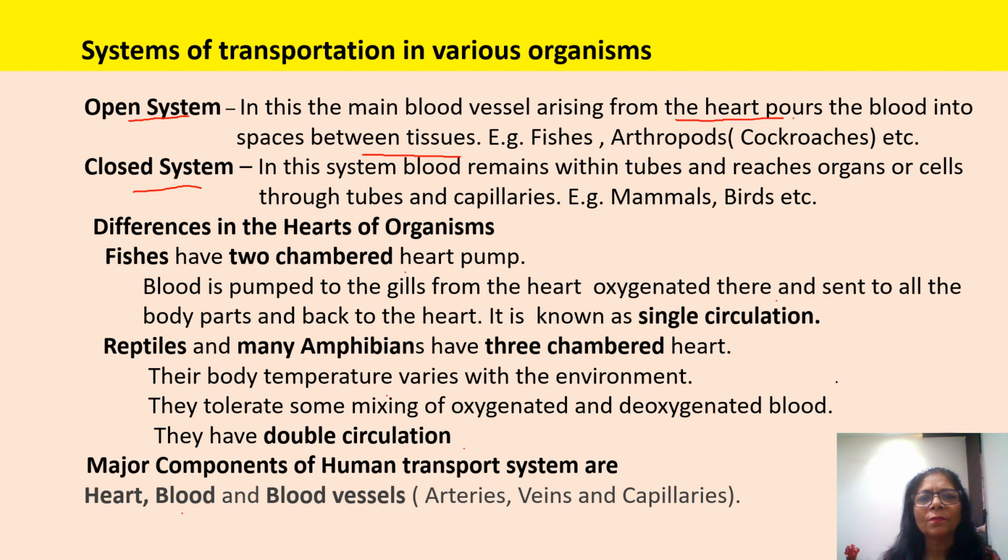In closed system of circulation, the blood from the heart or from one portion of the body to another portion goes within tubes or capillaries. That means they have vessels to carry the blood. Examples are mammals, birds.